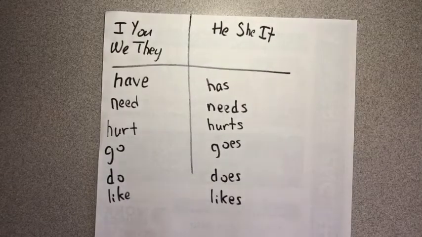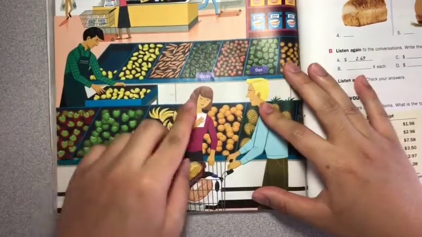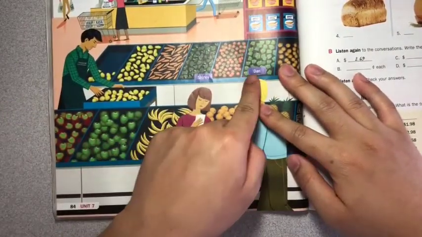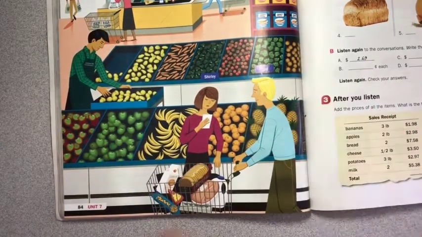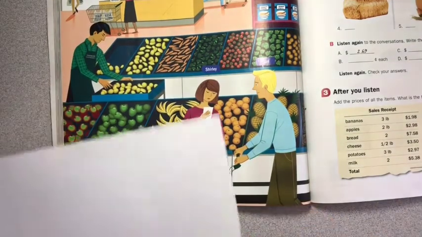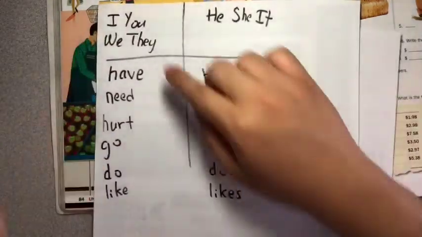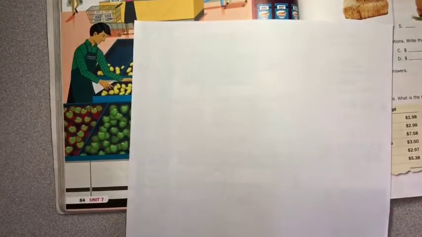All right, so let's look at this picture. Let's look at Shirley and Dan. Shirley and Dan have a shopping cart. They go shopping together. So let's see, what do they have?